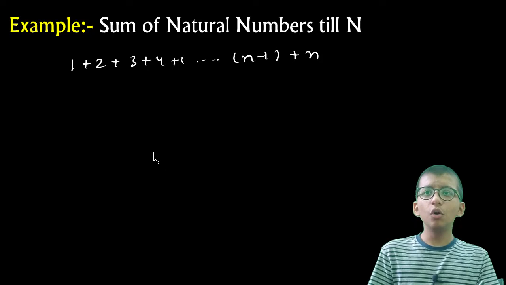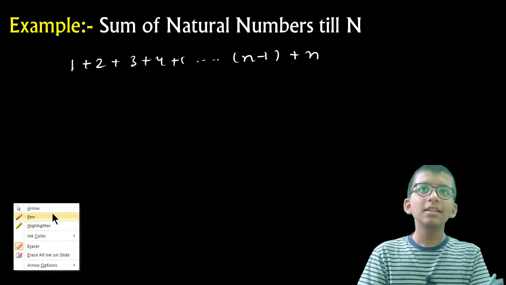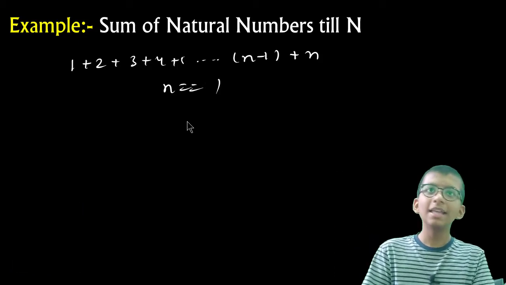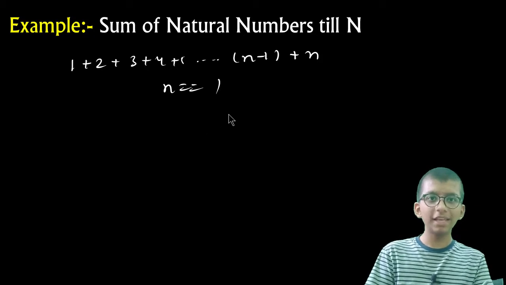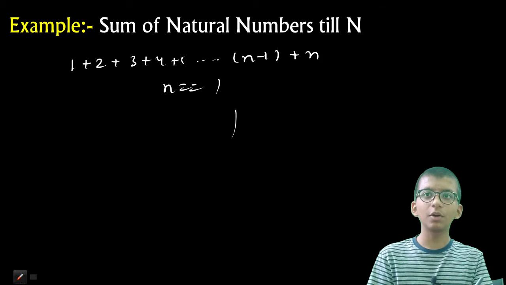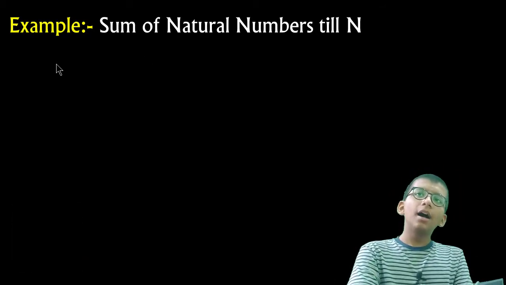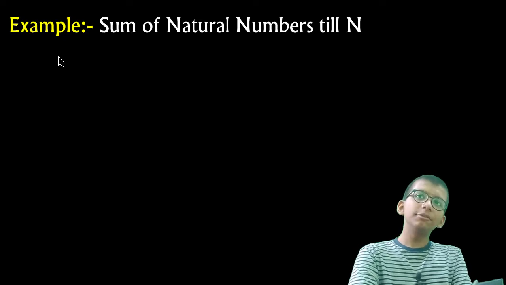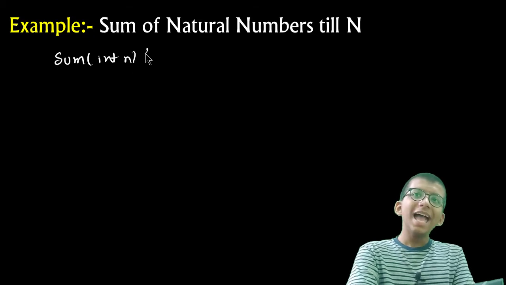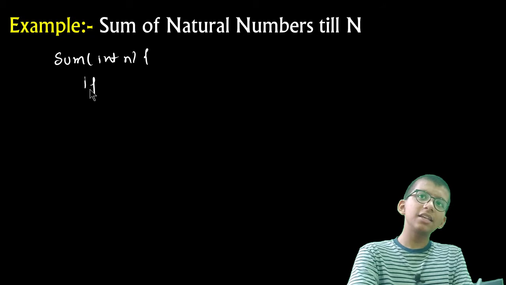So how do we write the code for this? Again, the base case here is if n equals 1, then we return 1, because the sum of 1 is equal to 1. Let's write the code. We write a sum function which takes an integer n as input, and it checks if n equals 1.